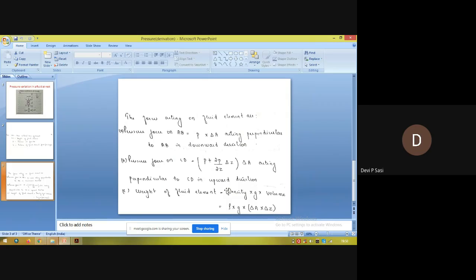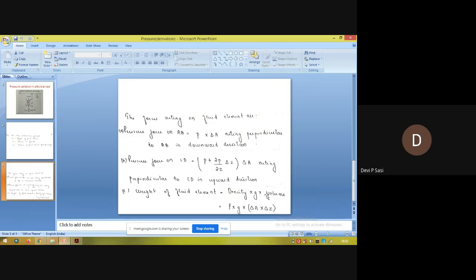You know W is equal to mg. So we may write it as density into g into volume, because density is equal to mass by volume. Volume and volume will get cancelled, so the remaining term will be m into g.